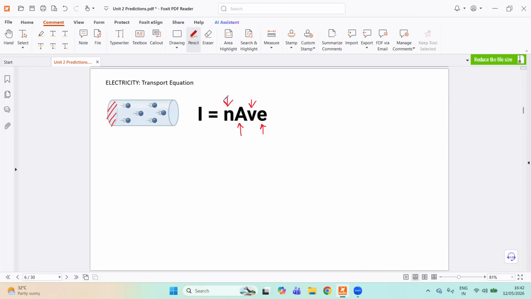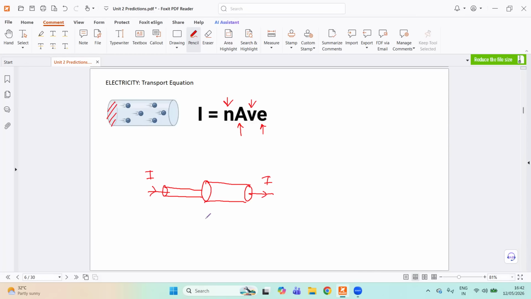The questions can be very straightforward mathematical questions, or they can elevate a concept. For example, let's say you have two pieces of wire connected in series, and of course, since they're connected in series, the same current flows through both wires. The question may ask, what will be the drift velocity in the second wire?